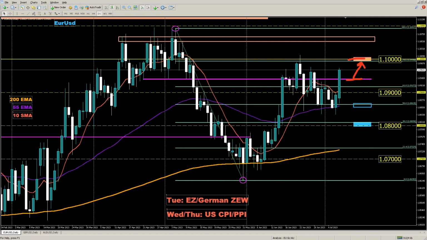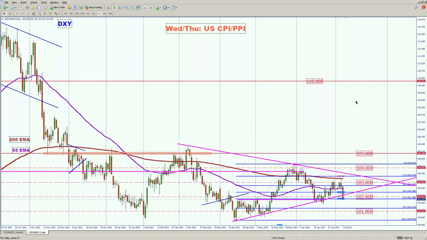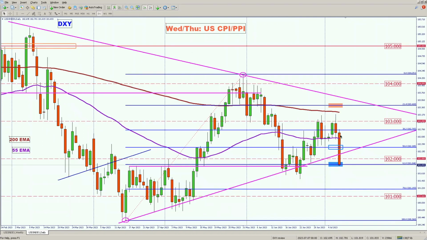Okay. Let's compare this with the US dollar index. And here's the DXY US dollar index, where on Friday with the non-farm payroll report, it has fallen lower right into the support at the 62 FIB retracement, just below 102.